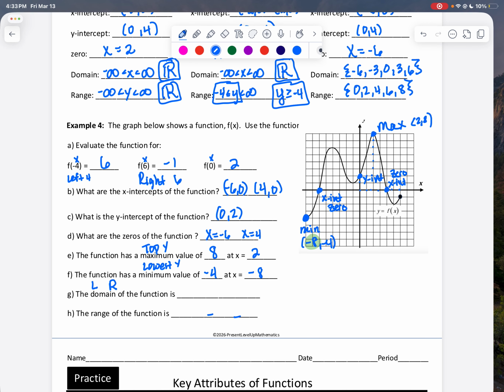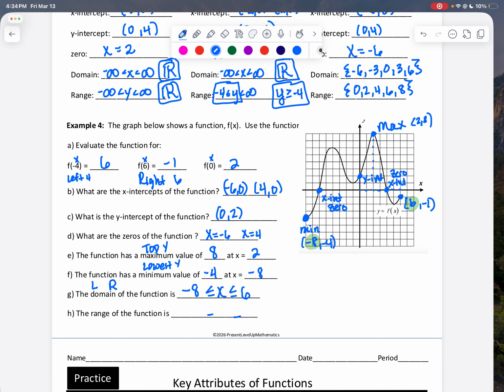Let's label that point 6, negative 1. So on the left, we're going from negative 8, and we're going all the way over on the right to x equals 6. So our domain would be negative 8 less than or equal to x less than or equal to 6.